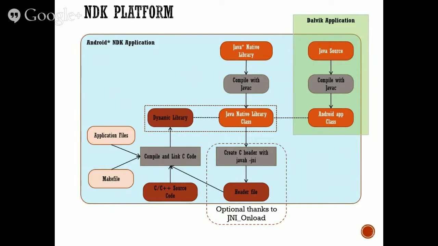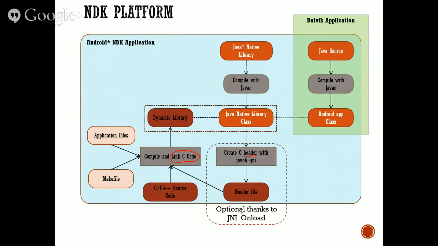If you use the javah function, first you will have to create a header file, and then from this header file, you will be linking and compiling your C code.